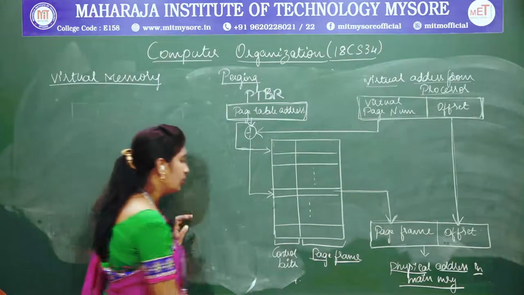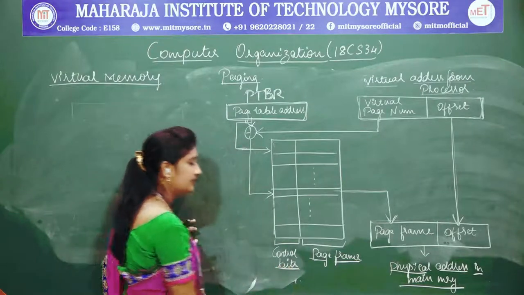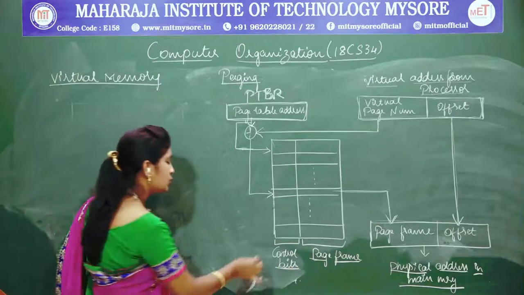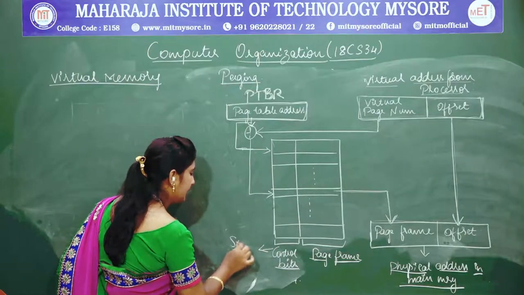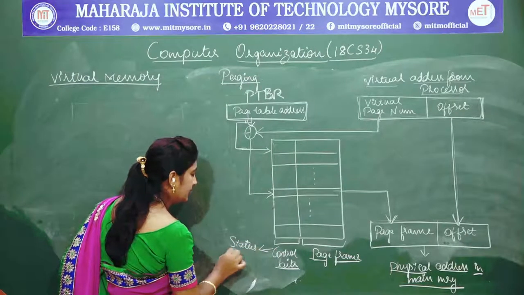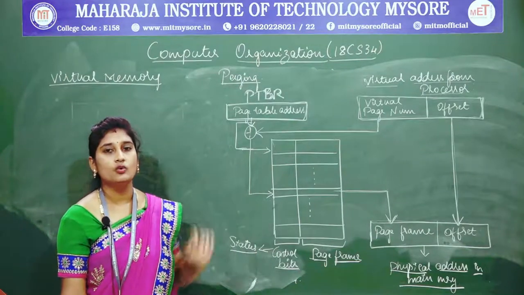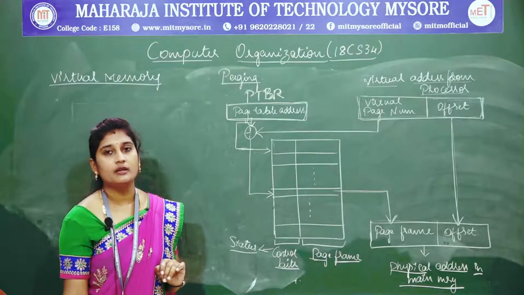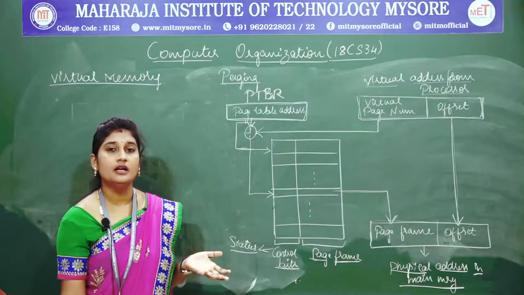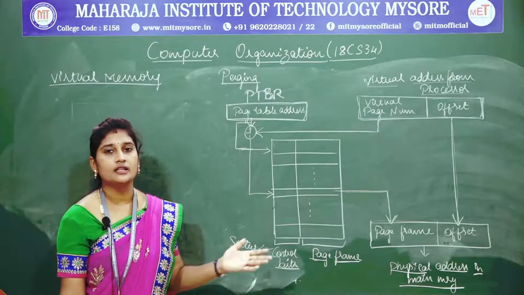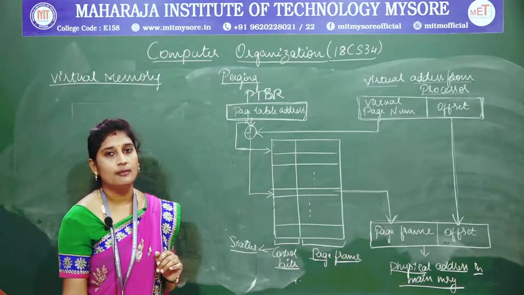Fine. And you also have the control bits in your page table, which state the current status of the flag. This is how you use the paging technique to speed up the gap between your secondary storage and your main memory.